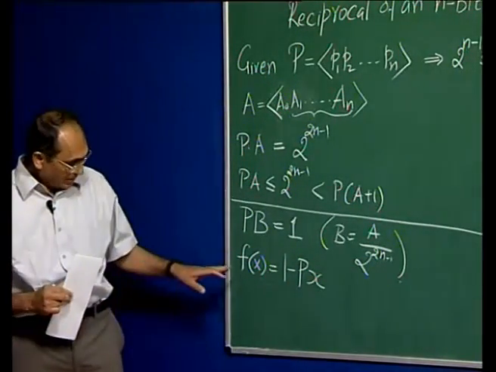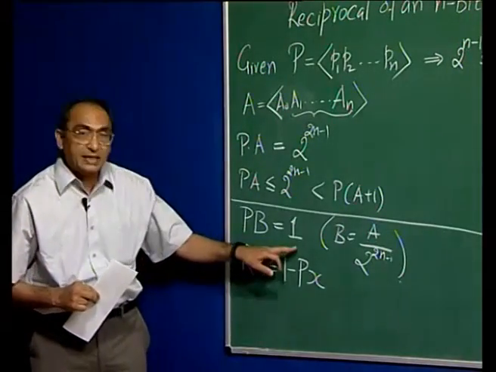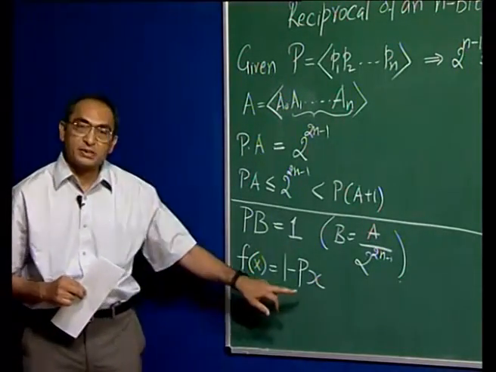So if we have an exact solution, then of course the error will be 0.